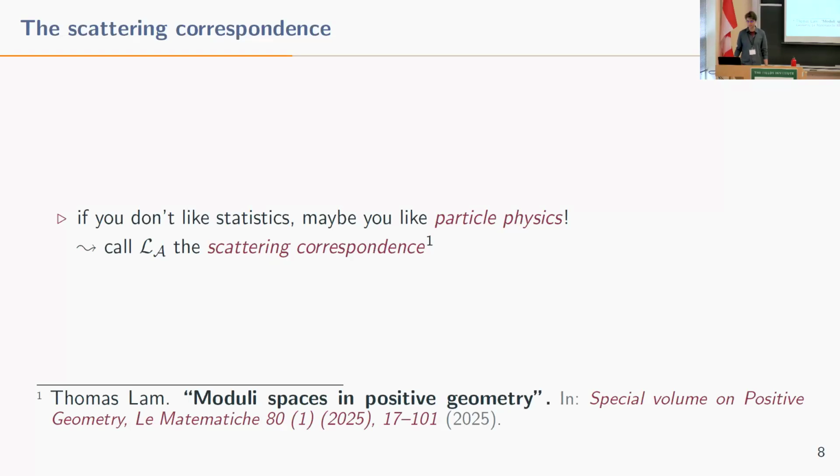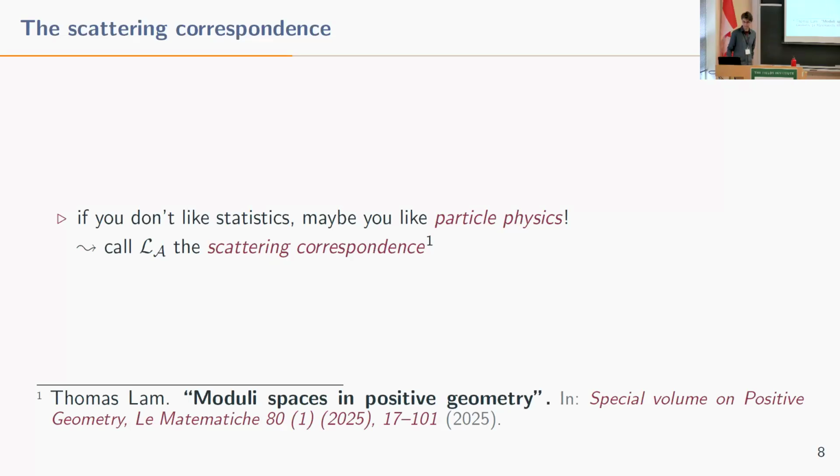And the scattering equations are exactly the critical equations for the log likelihood function. And then they define an object called the scattering correspondence. You can read about this in this survey paper by Thomas Lam. So even if you don't like statistics, maybe this is still an interesting object for you.